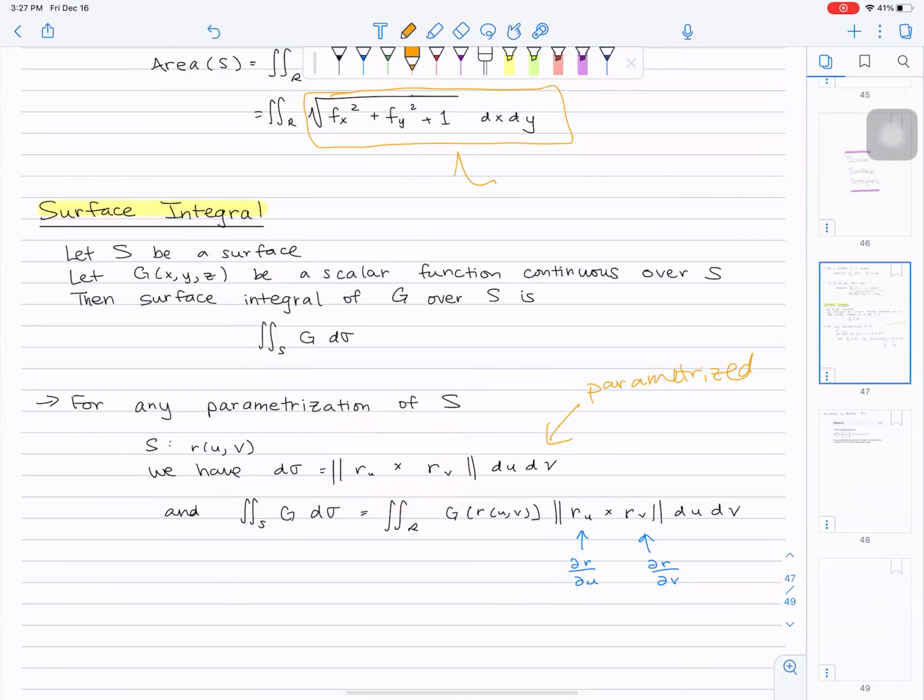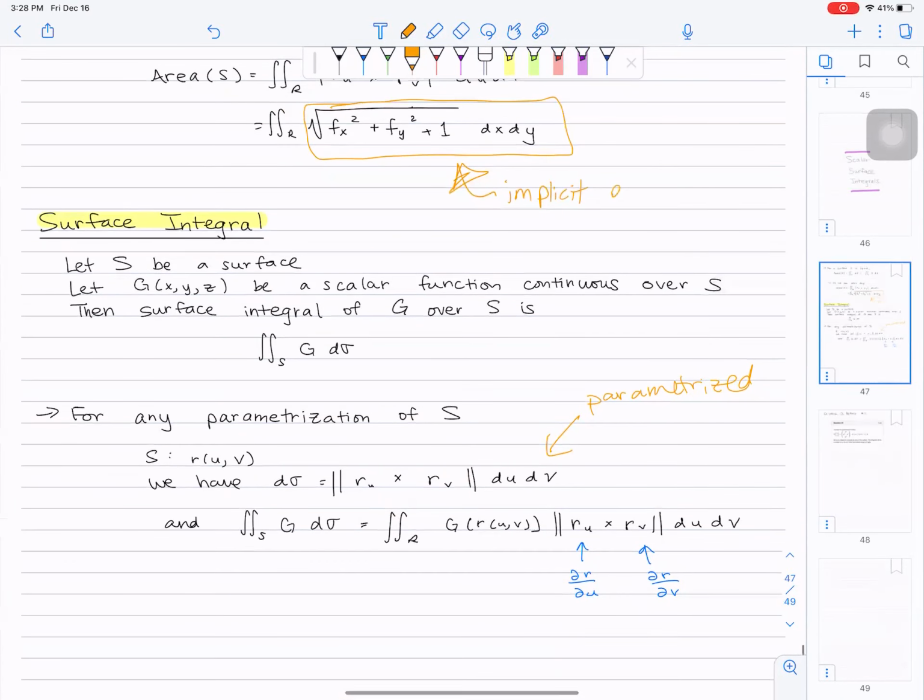This other way, you should only use if they give you an implicit equation for the surface.